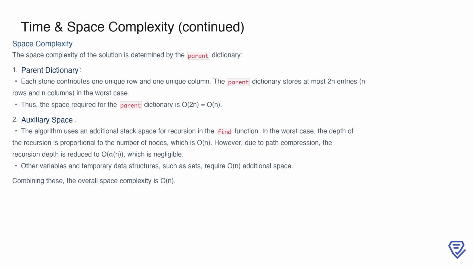Additionally, the find function in the union find algorithm uses recursion, and the depth of this recursion is proportional to the number of nodes. However, due to path compression, the recursion depth is reduced to O(alpha(n)), which is negligible for practical purposes. Other auxiliary data structures, such as temporary sets, also require O(n) space. Therefore, the total space complexity of the solution is O(n), making it highly space efficient.